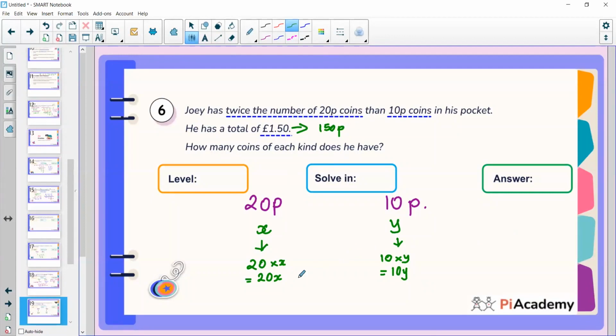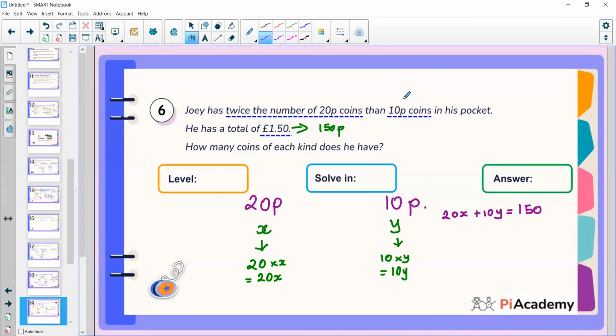Now writing up the equation, what would it be? 20x plus 10y. They add up to 150. Okay. But can we eliminate this y? Is there any relation between x and y? Can you see he has twice the number of 20p coins than the 10p coins.